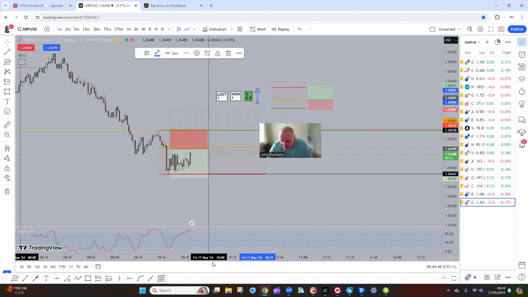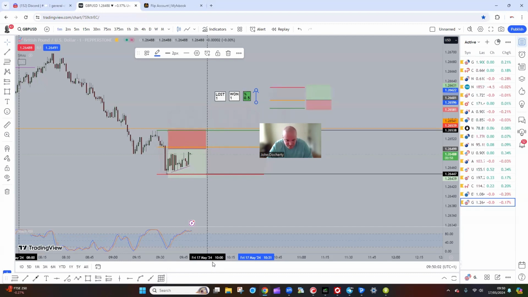14 seconds left of this candle. Okay, so this will be the decider if it's going to get a touch entry. 7 seconds. So we'll get a touch on here.